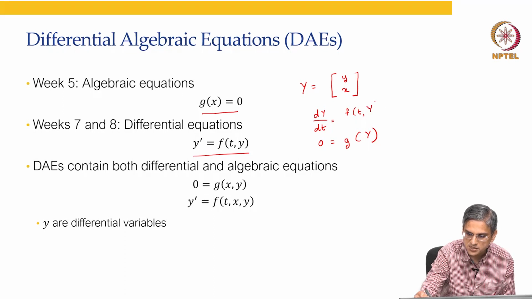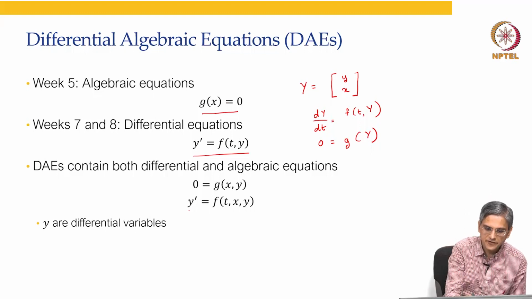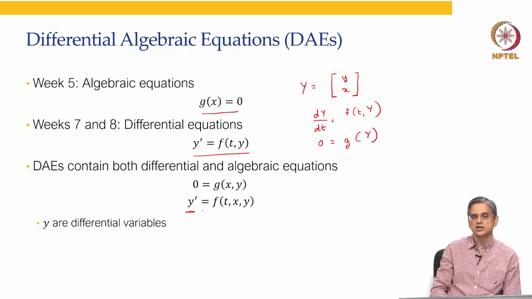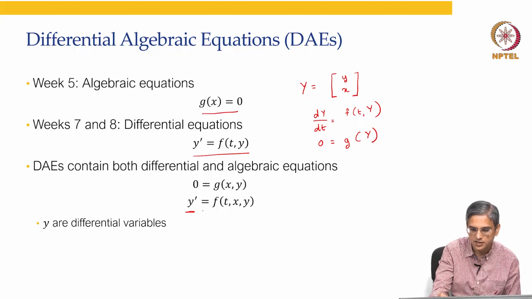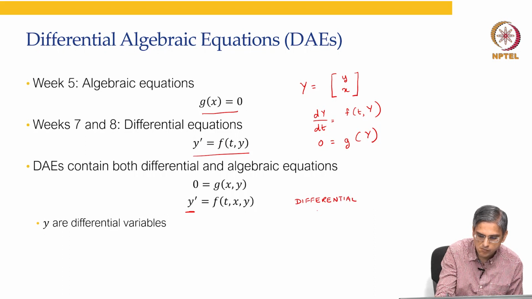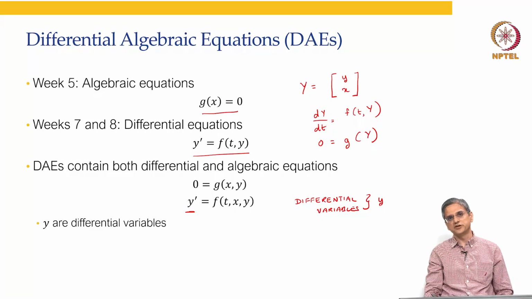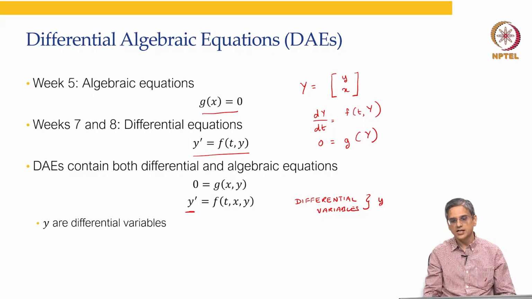Again, to keep consistent with the way we have represented our equations in this MATLAB course, I will use this capital Y. The variables that appear under the differential sign are differential variables. Anything that does not appear as a differential variable is called an algebraic variable.